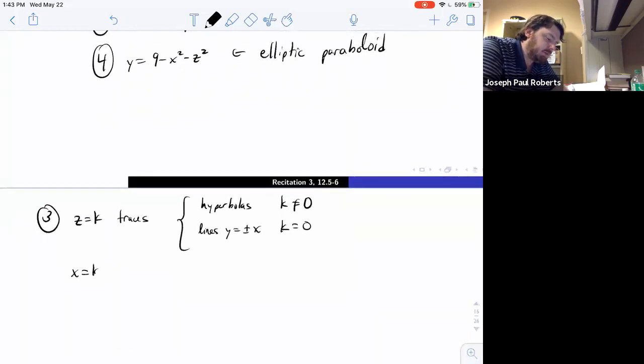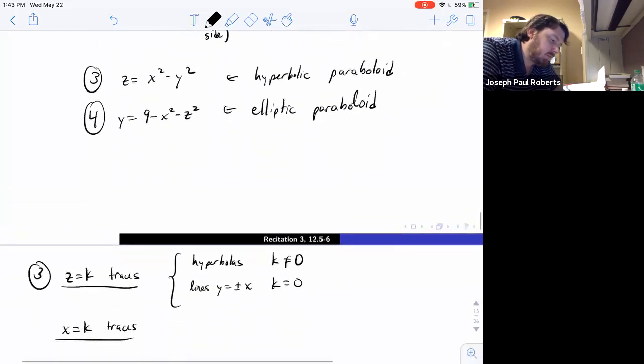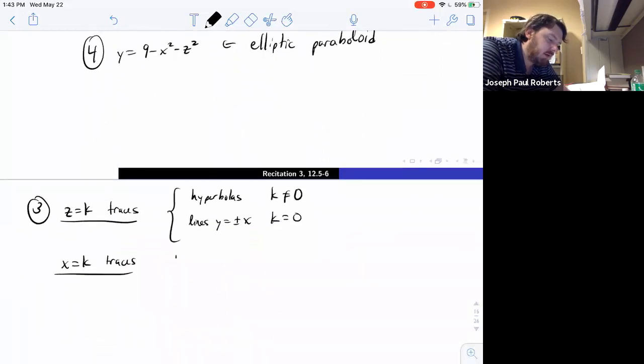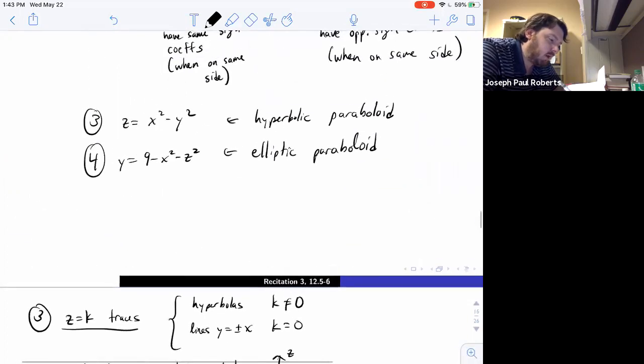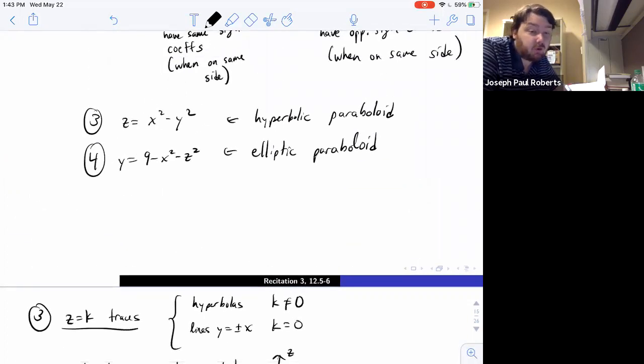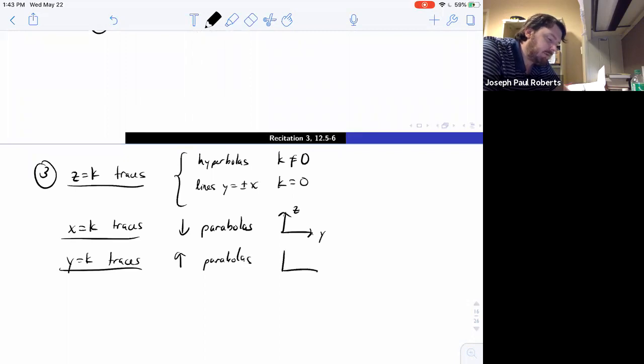And then the x equals k traces are, well, if x is a number, z is k squared minus y squared. Those are down parabolas as far as the yz plane is concerned. And then the y equals k traces, well, if y is a number, then z is x squared minus k squared. That's going to be up parabolas as far as the x and z axes are concerned.